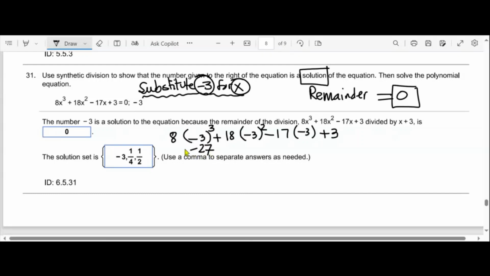Now, how much is this? Negative 27 times 8. 8 times minus 27 will give us negative 216. And 18 times 9 will give us 162. Now, can you add all this together?